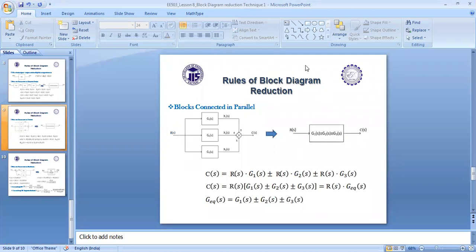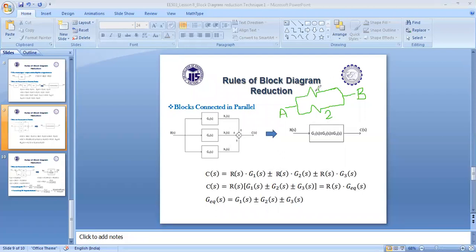Now what happens if blocks are connected in parallel? As we know, suppose resistors 1 and 2 are there, we all can say these two are connected in parallel combination.